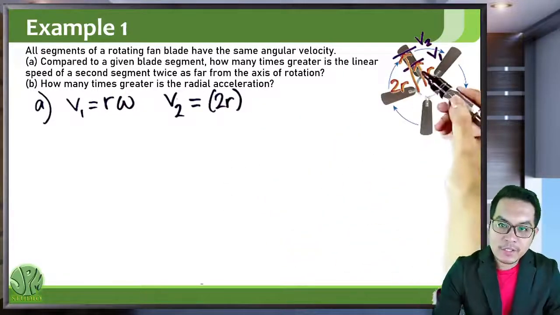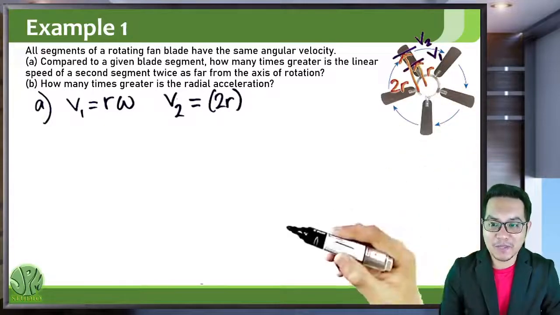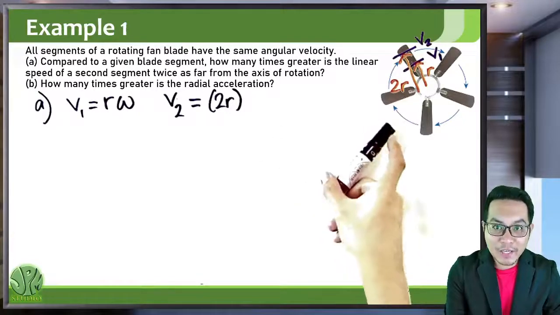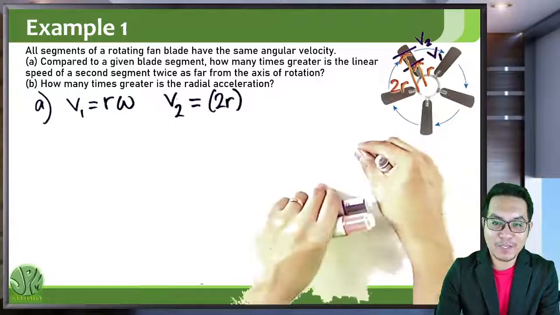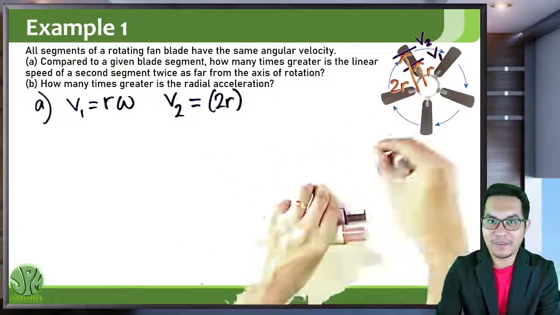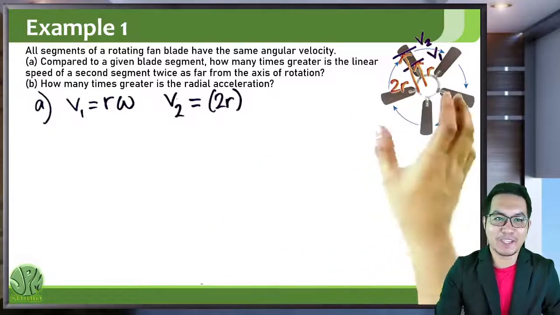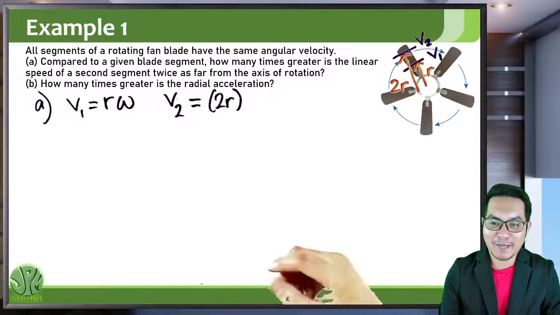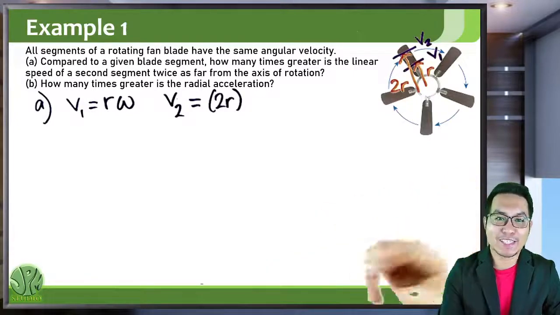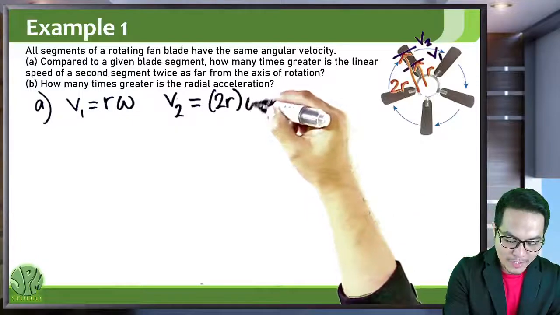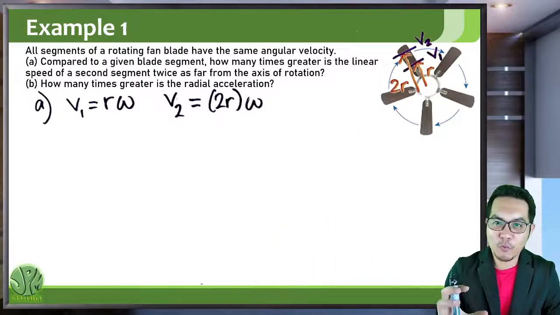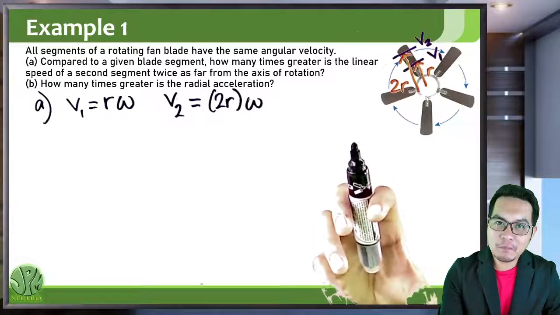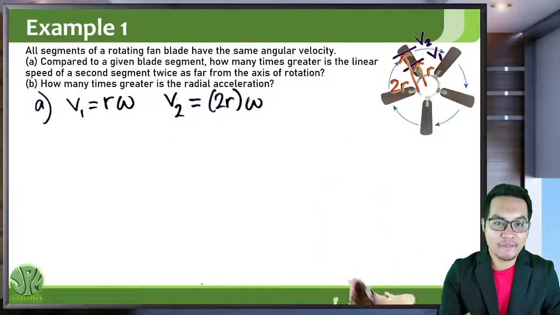In this case, the two segments must have the same angular velocity, because if they don't, then one segment will be much faster than the other, and that is not the case for a rotating fan blade. If that happens, then your fan blade is already very dangerous, or getting destroyed. So for one single rotating body, all points of that body have the same angular velocity.